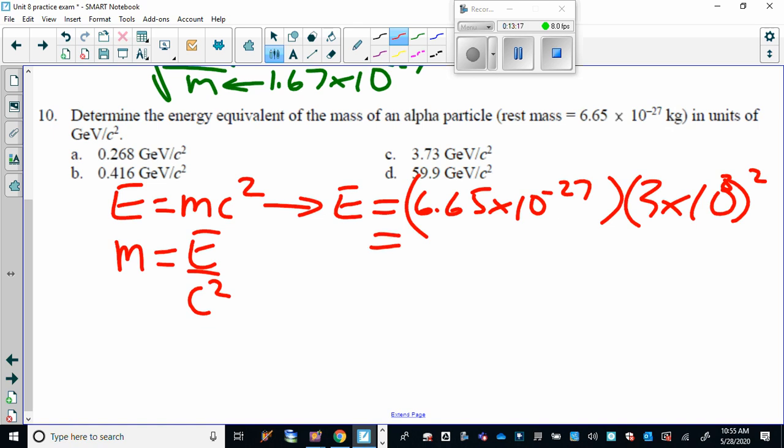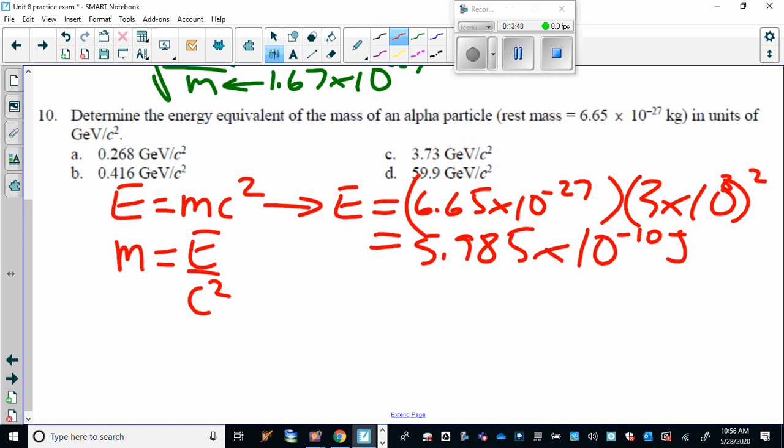Multiply it by the speed of light squared, and we are going to get 5.985 times 10 to the negative 10 joules, which we then just need to convert to electron volts, or in this case, since all the answers are in giga electron volts, giga electron volts.